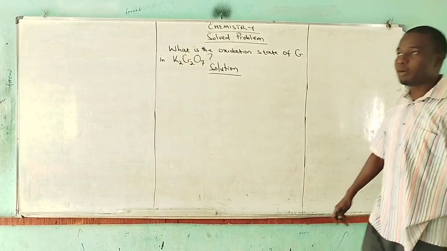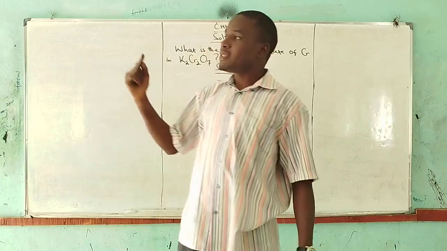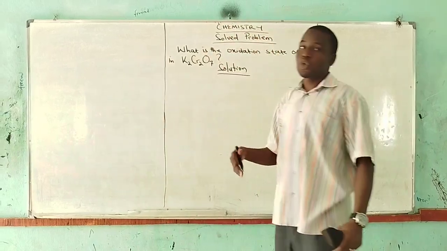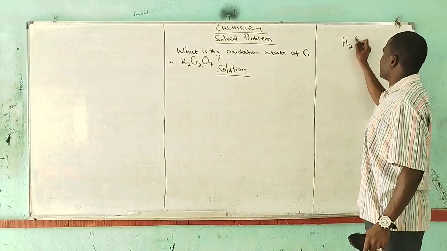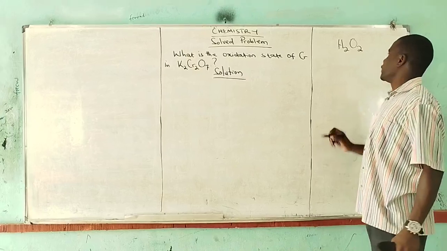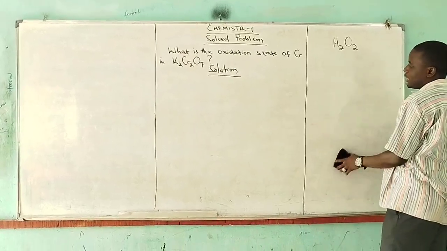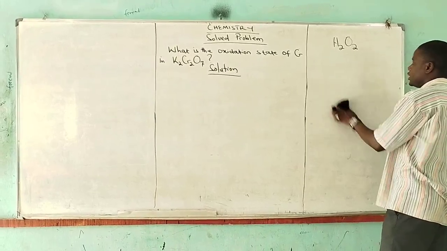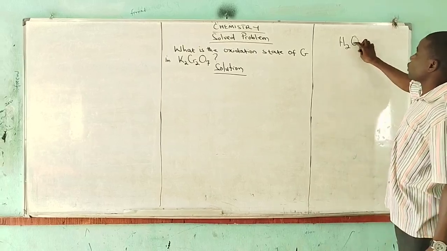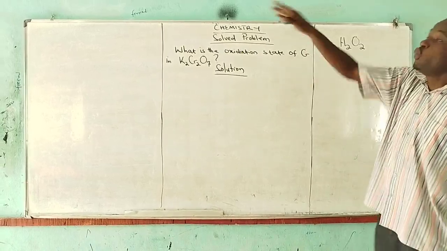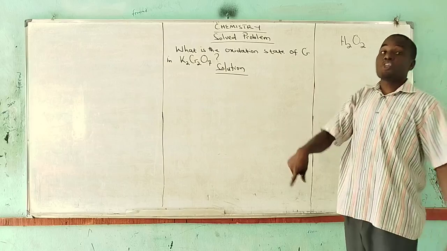And the oxidation number of oxygen is -2, except in peroxide. Example, H2O2. Why is it -1? In compounds, the oxidation number of oxygen is always -2, amma akwai exception, ban da cikin peroxide.